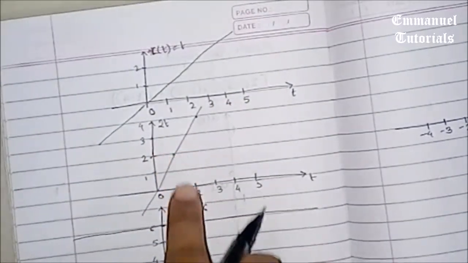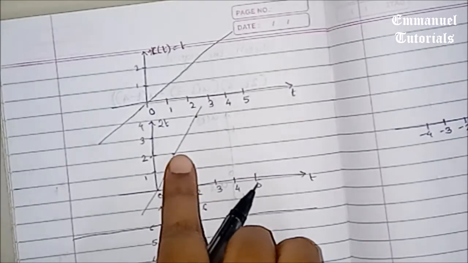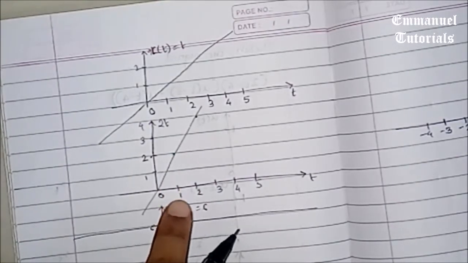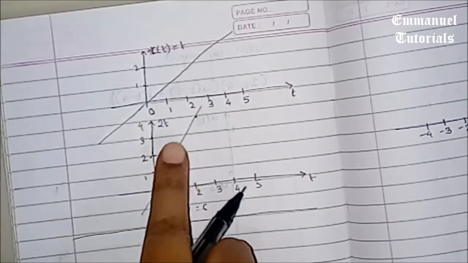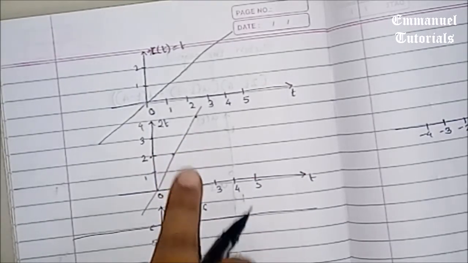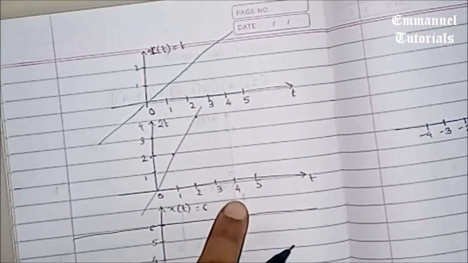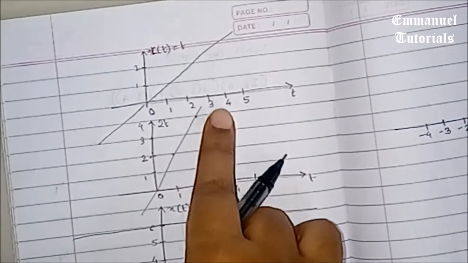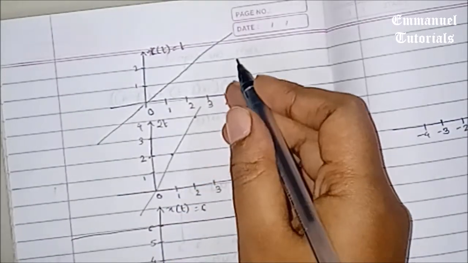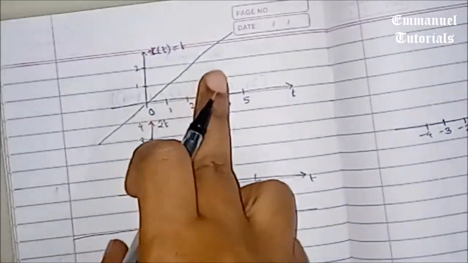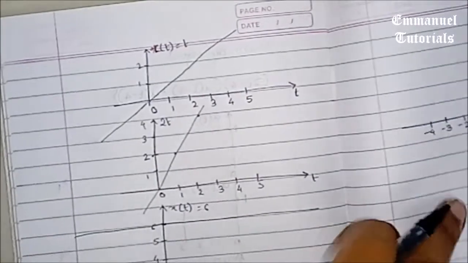Now 2t will be 2 times the signal. So at 1, the signal's amplitude will be 2 times 1, so it will be 2, and at 2 it will be 2 times 2, so 4. Similarly, at 3 it will be 2 times 3, which is 6, and so on. So the slope will change for 2t.